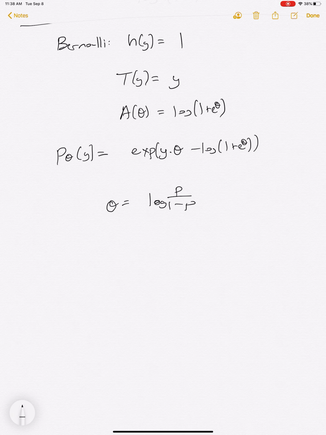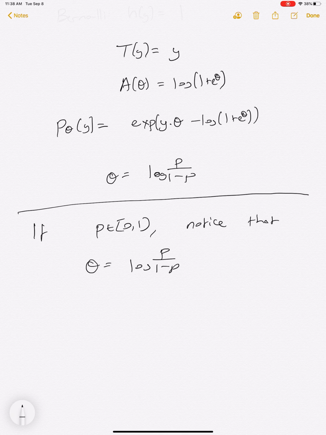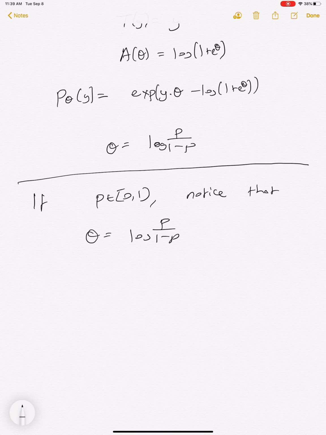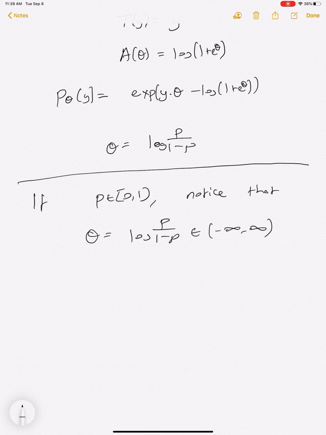And the last thing I'll say, which is kind of cool and interesting, is to note that we know that p is in 0, 1, but theta, which is log of p over 1 minus p, can actually be any value from negative infinity to infinity.